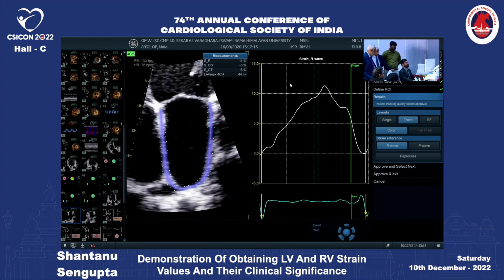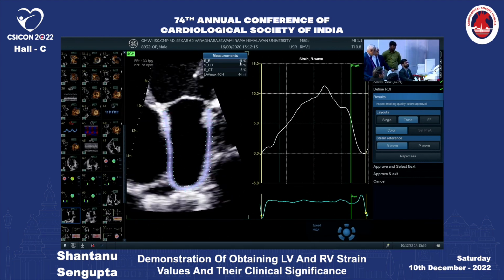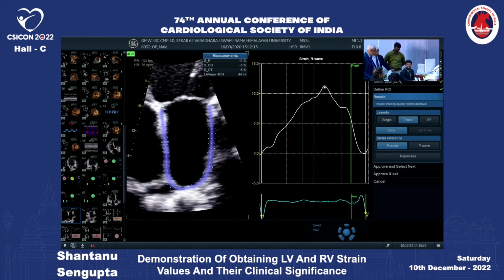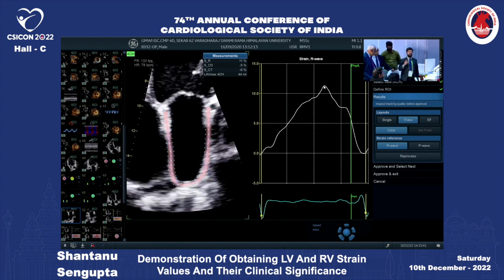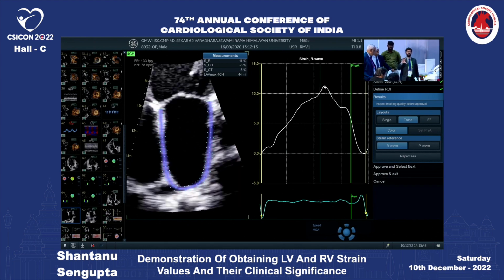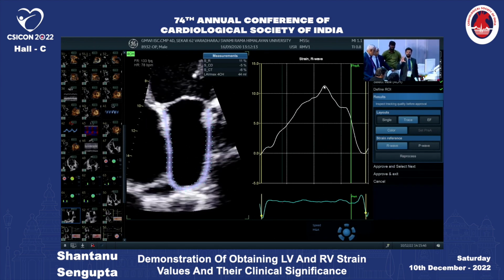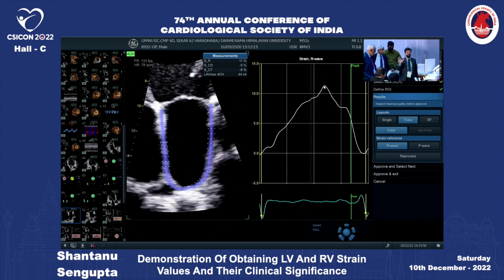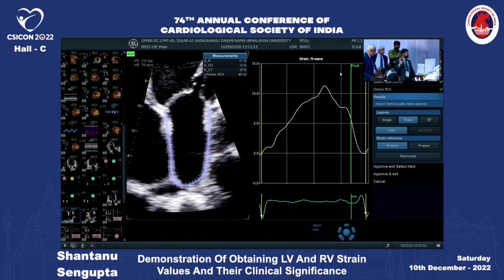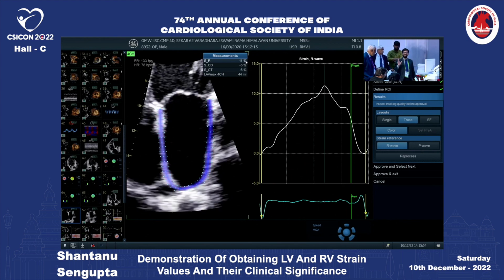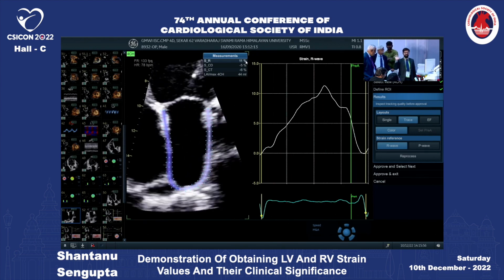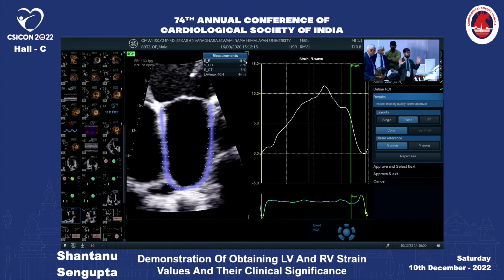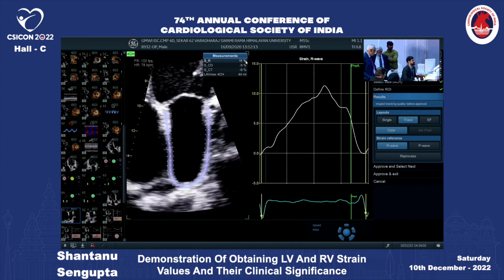So this is the value. The first value is positive, which is this. It is called PALS, peak atrial longitudinal strain, also called the reservoir strain. The normal reservoir strain is around 38%, 38 plus or minus 4. Here it is 11%. Anything less than 20% is bad. At 25%, 26%, you have to be very careful. So this patient has 11%.